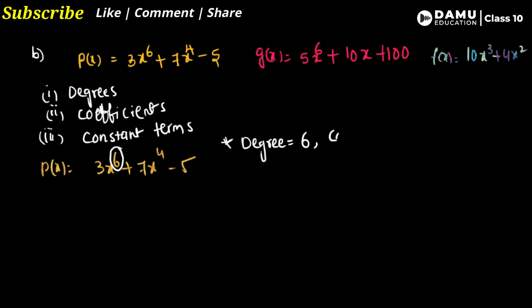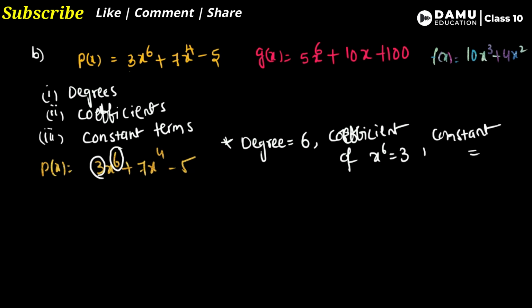Then the coefficient of x power 6 is 3. Then the constant term will be equal to minus 5 for this P of x.